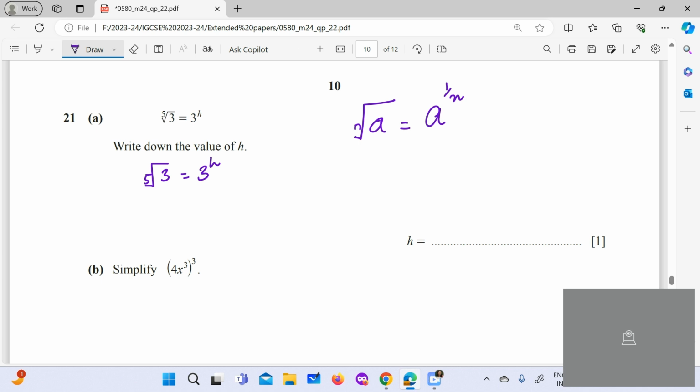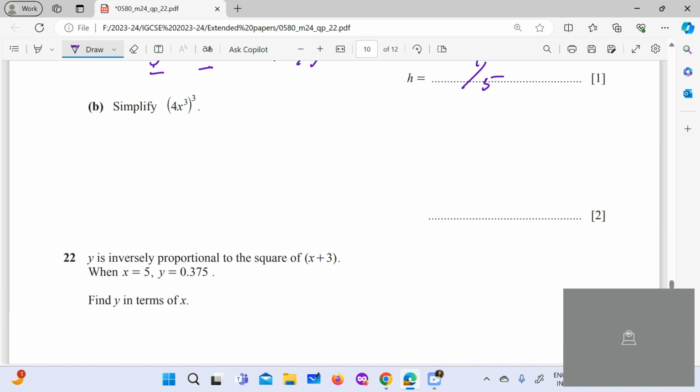So we will follow this here, and we can write this as 3 to the power of 1 upon 5 and 3 to the power of h. The main thing when you are solving indices, you have to see that your bases are the same. Since the bases are the same, we can directly write h is equal to 1 over 5. So your value of h is 1 over 5. Now let's go to the next one.